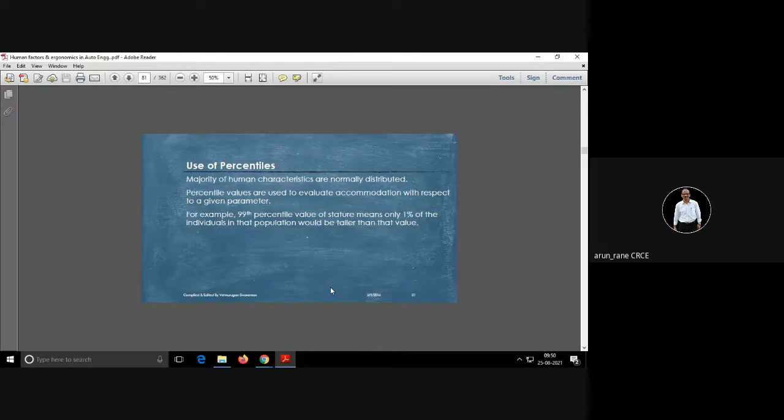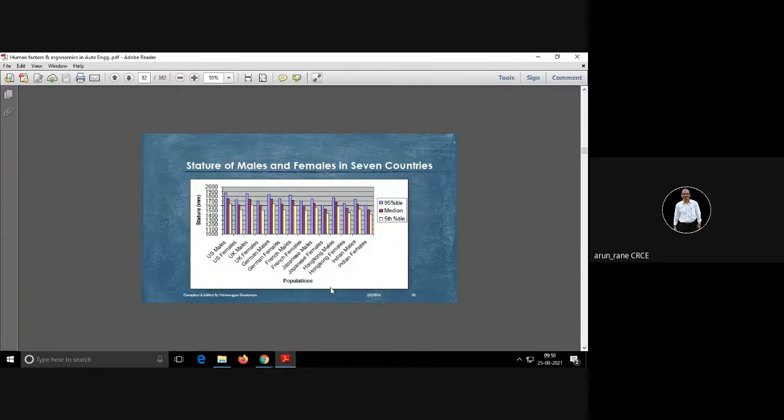Then percentile. The percentile is nothing but like first percentile or 25% or quarter percentile or semi percentile or 3/4 percentile. So that indicates how the distribution of the people is. This study has been done even country-wise also.